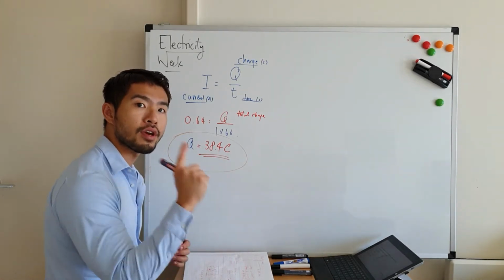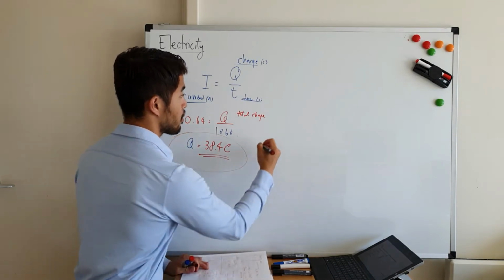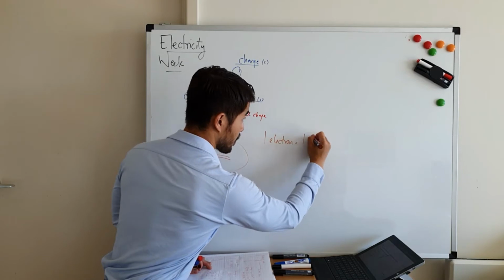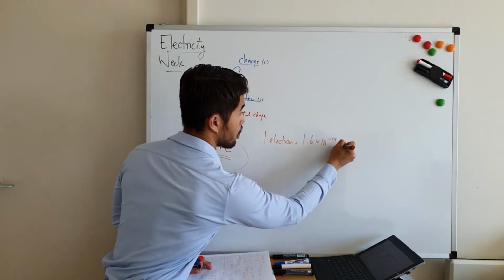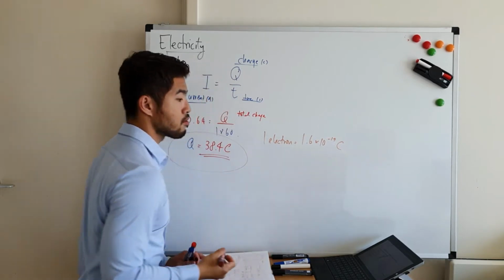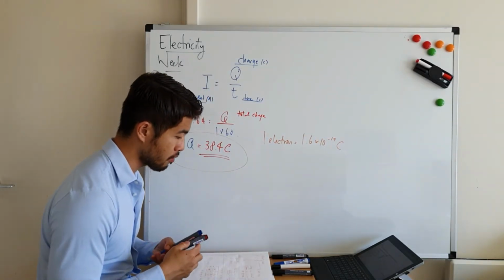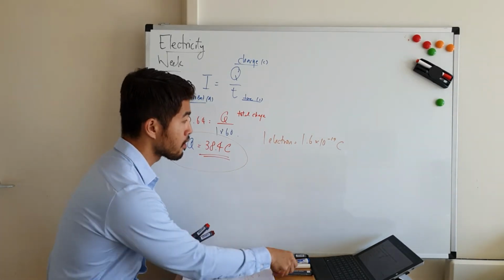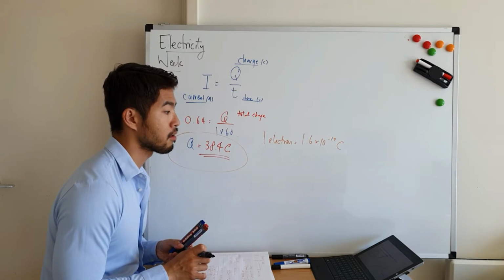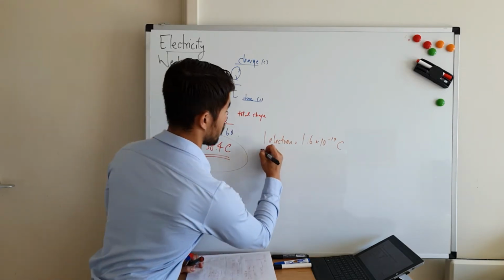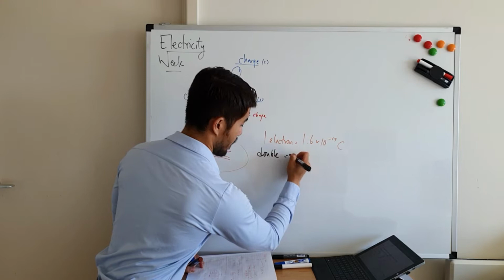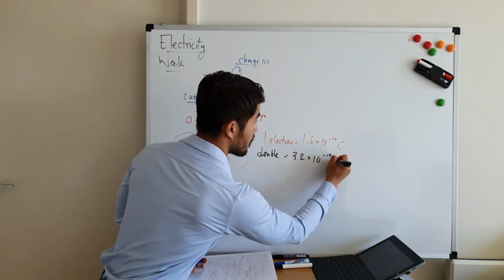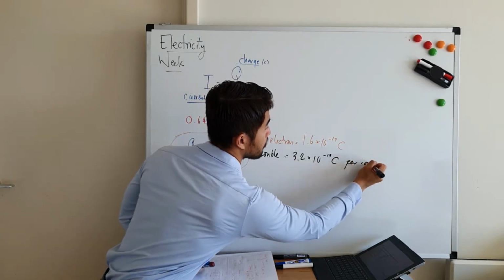How much charge is 1 ion? We know that 1 electron is 1.6 times 10 to the power minus 19 coulombs. This is in the formula booklet. It says that it's a doubly charged ion, which means it's a 2 plus or 2 minus, so doubly, that will be 3.2 times 10 to the power minus 19 per ion.